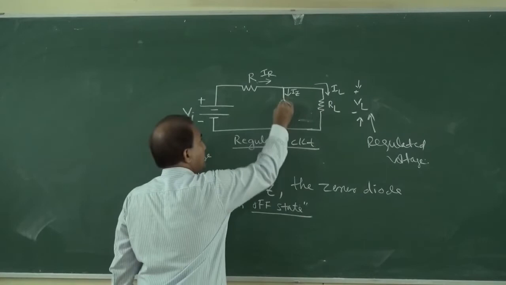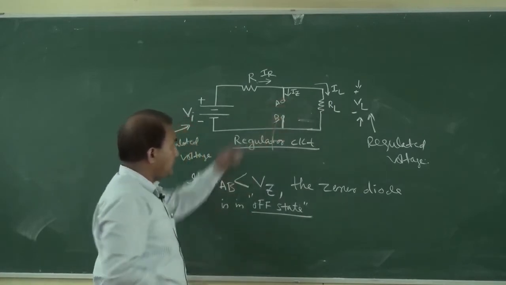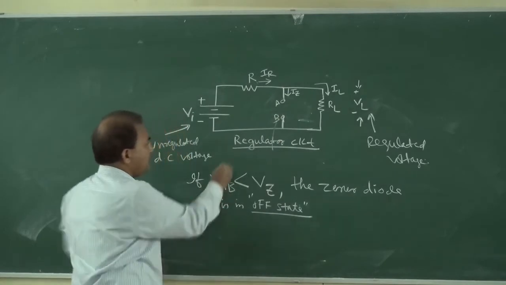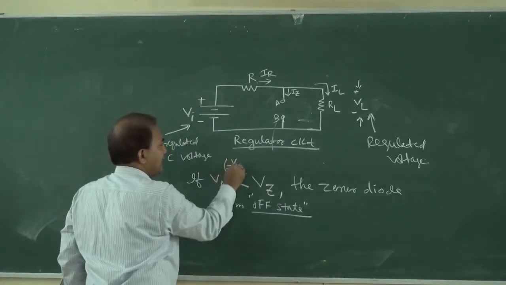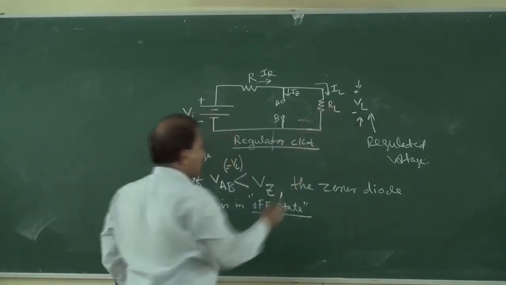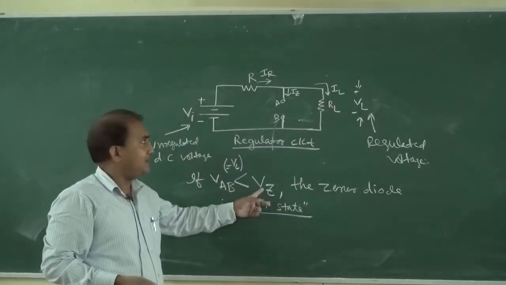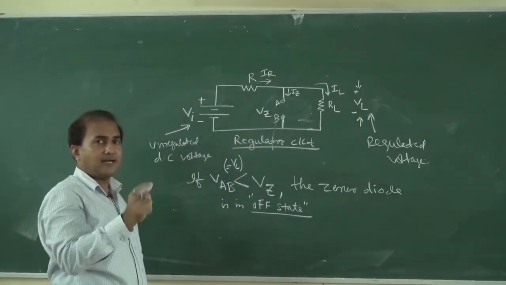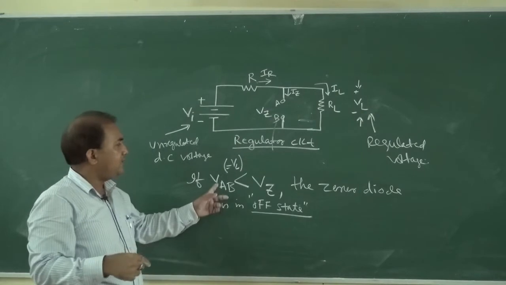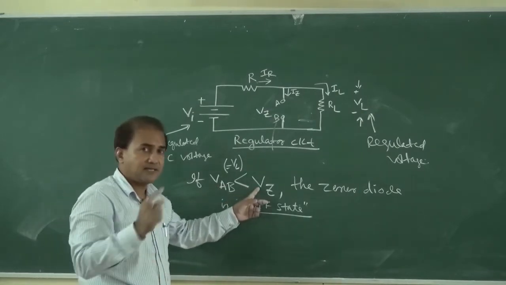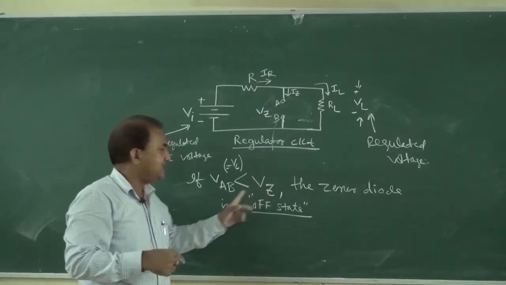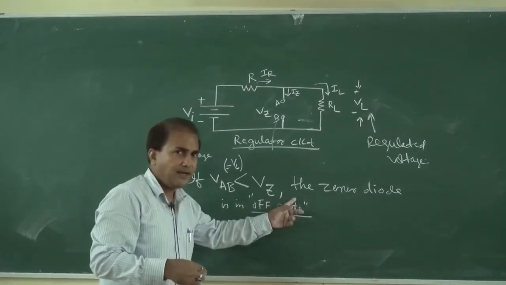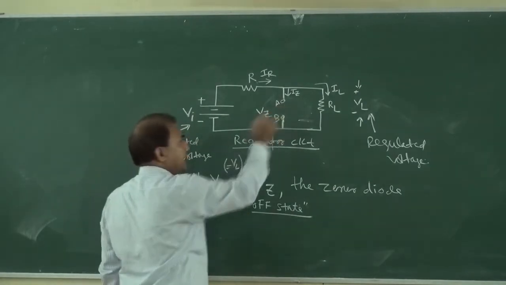This is point AB. VAB is equal to VL. So if it is less than Vz, which is mentioned on the Zener diode, that is the breakdown voltage of the Zener diode, then in that case the Zener diode behaves as if it is in off state. So it can be replaced with open.